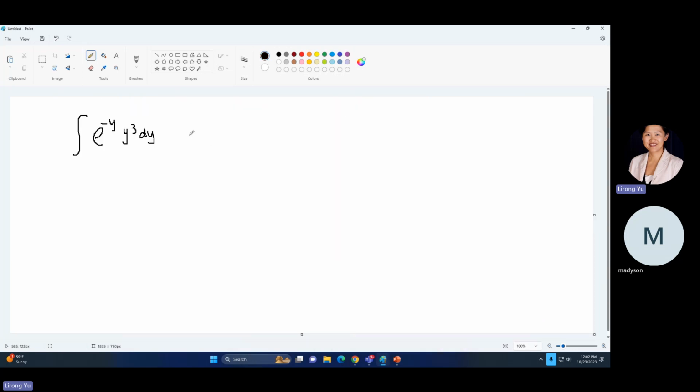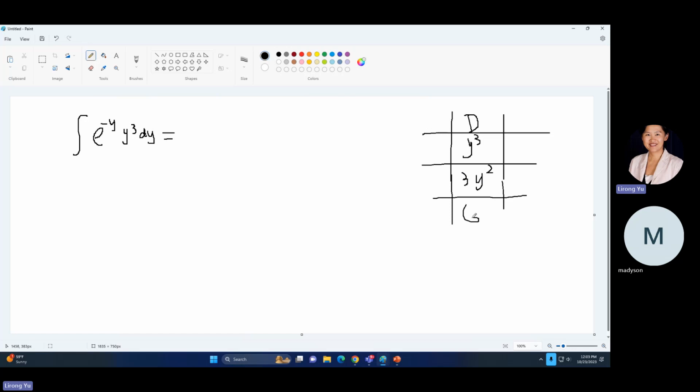So this calculation is integration by parts. You can do the tabular method, which might be a little bit faster. So part of it we want to integrate, part of it we want to differentiate. The differentiation part definitely is a power function. You have y cubed. If you differentiate, it will be 3y squared. If you differentiate again, it will be 6y.